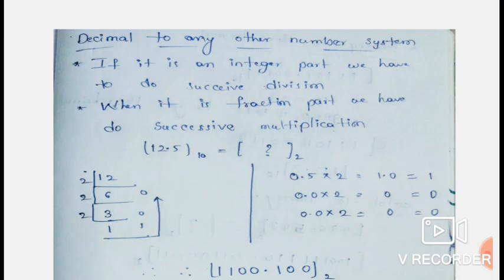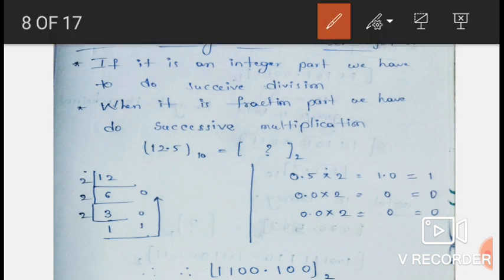And the next thing is how to convert a decimal number system to any other number system. If you take a decimal number, it has an integer part and a fraction part. Divide it into integer part and fraction part, and take the integer part. The integer part here is 12.